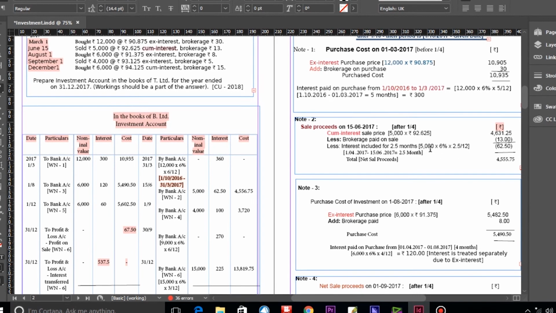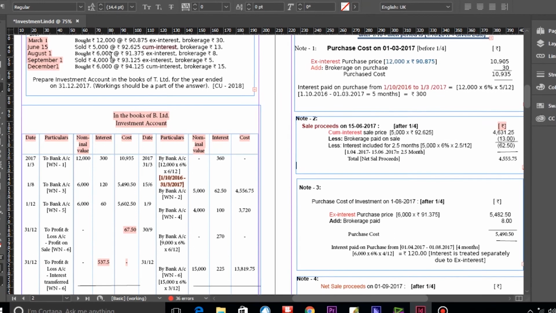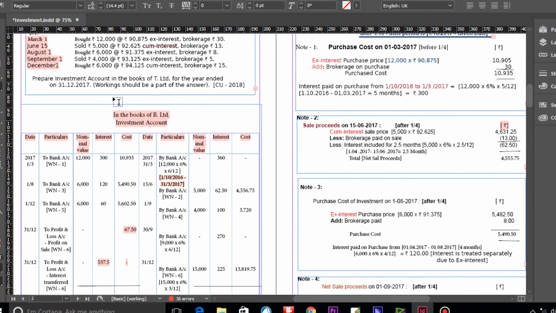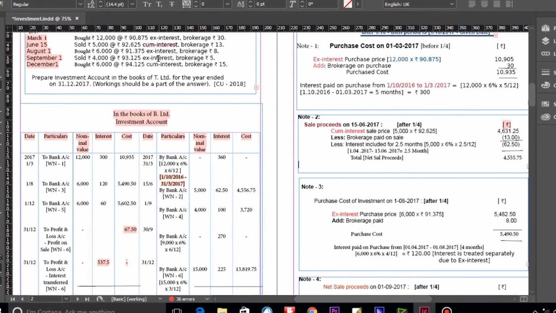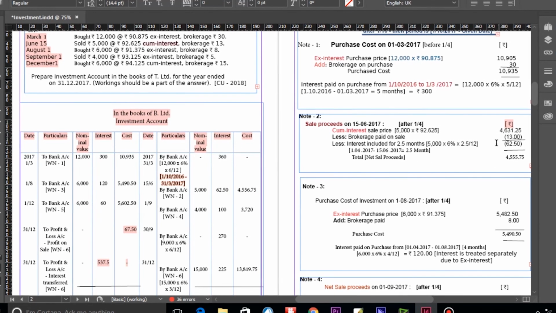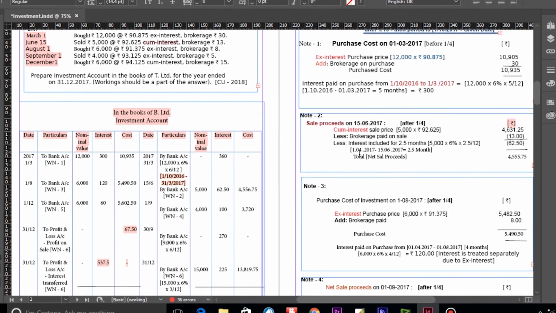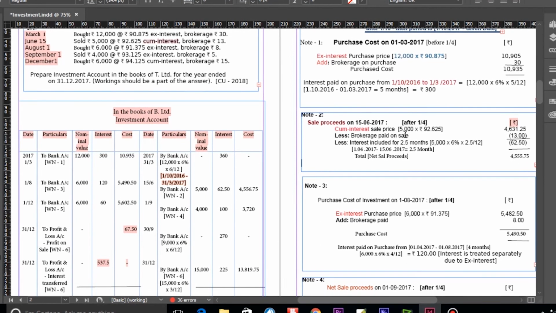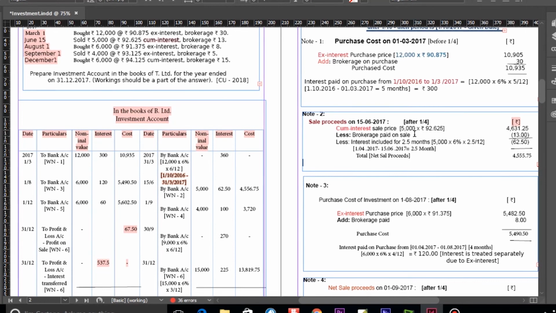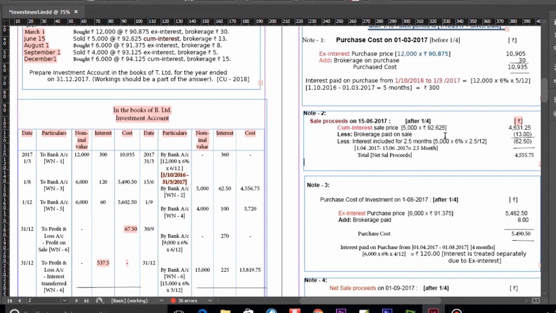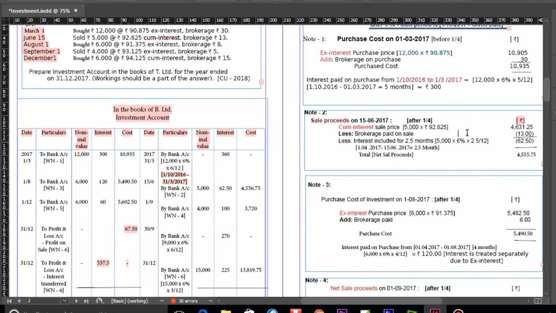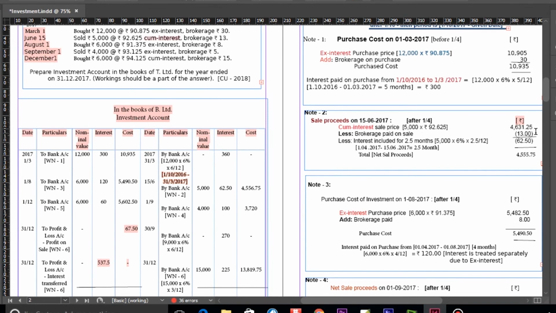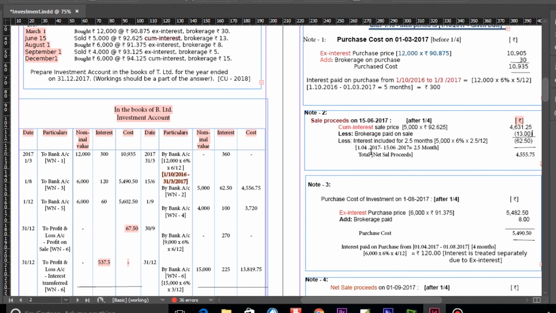Therefore, cum interest sale price is equal to 5,000 into 92.65 is equal to 4631.25, and you have to deduct brokerage because it is a sale concept, brokerage being rupees 13 only, and you have to deduct interest of rupees 62.50.